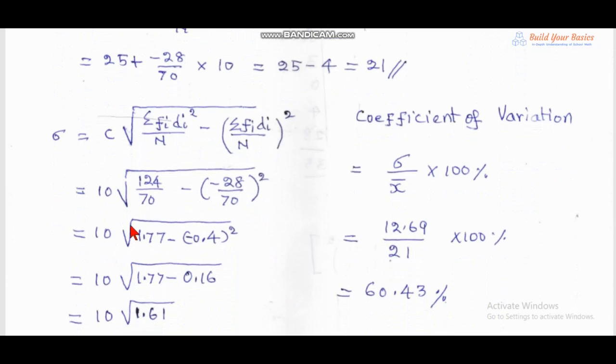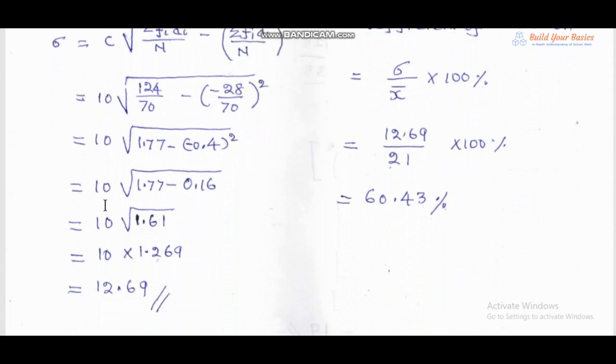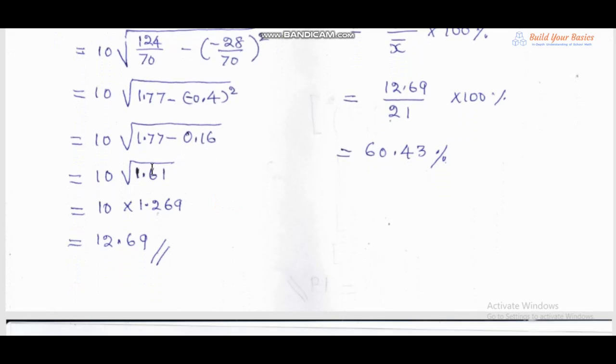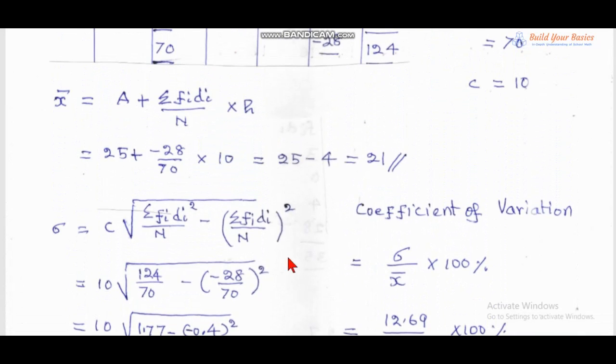That is 10 into square root of (1.77 minus 0.4 whole square), that is 10 into square root of (1.77 minus 0.16), that is 10 into square root of 1.61, that is 10 into 1.269. That is 12.69.